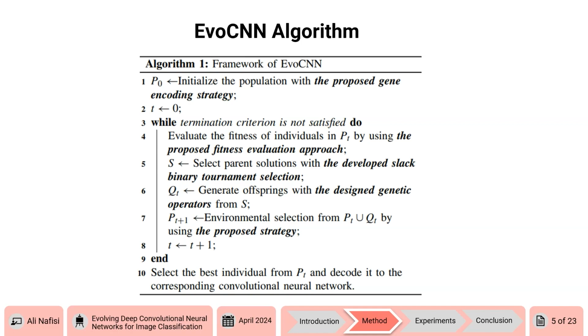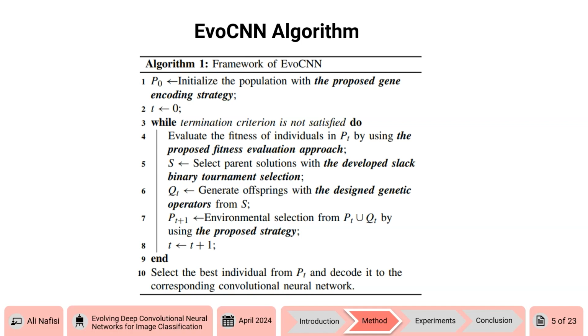And we have a fitness evaluation step. We specify the fitness of each individual in the population. After that, we select parents from the population. After selecting the parents, we generate offspring from the parents.